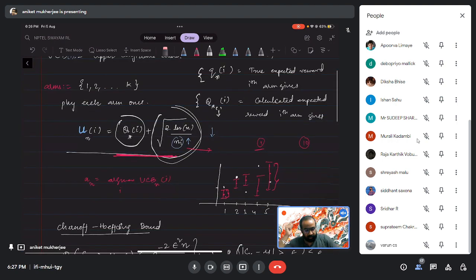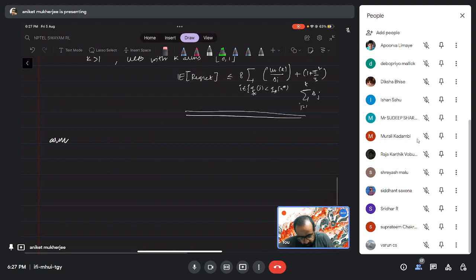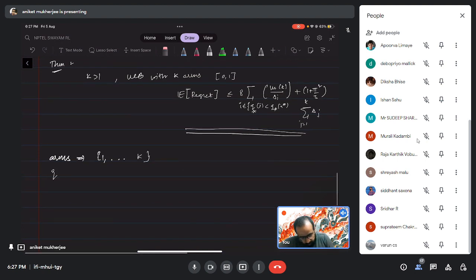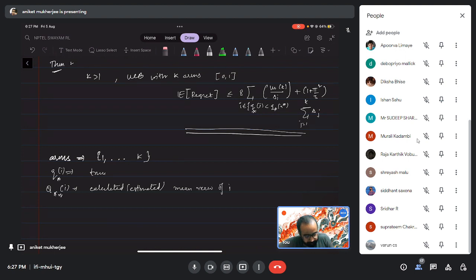Okay, so notations I'll just go through. Arms 1 to k. Then small q star i is the true value. Capital Q star i at time n is equal to the calculated or estimated mean reward of arm i, while small q is the true reward of arm i.